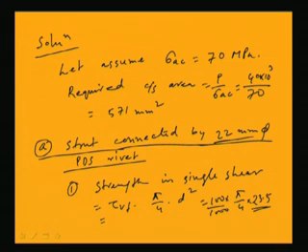So, this will become 43.4 kilonewton. So, strength in single shear of 22 mm PDS rivet will be 43.4 kilonewton.